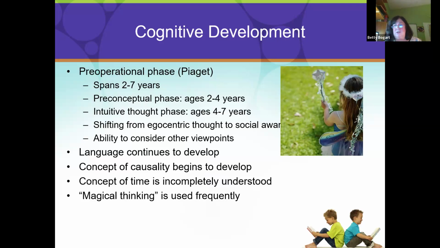Their language is getting better, they can express themselves better, and they are always in this magical land of explaining things and playing and flying. If you ever see children at 4 or 5 years old playing alone, they're talking to themselves in their magical land.